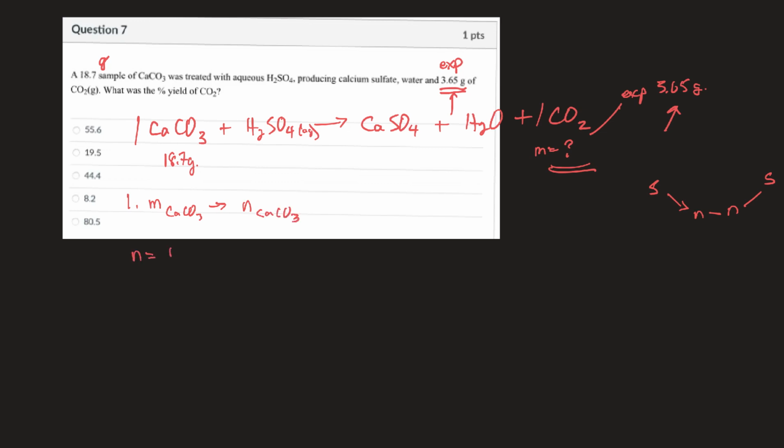So moles is equal to mass over molar mass. The mass is 18.7 grams. And the molar mass I have to figure out. Calcium, I think, is 40.08. Carbon's 12.01. 3 oxygens would be 48. I'm not positive about that, but I think it's close enough. I shouldn't say close enough.